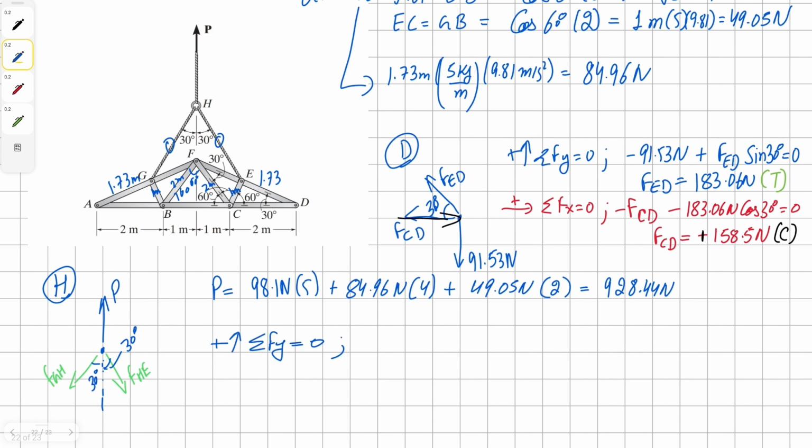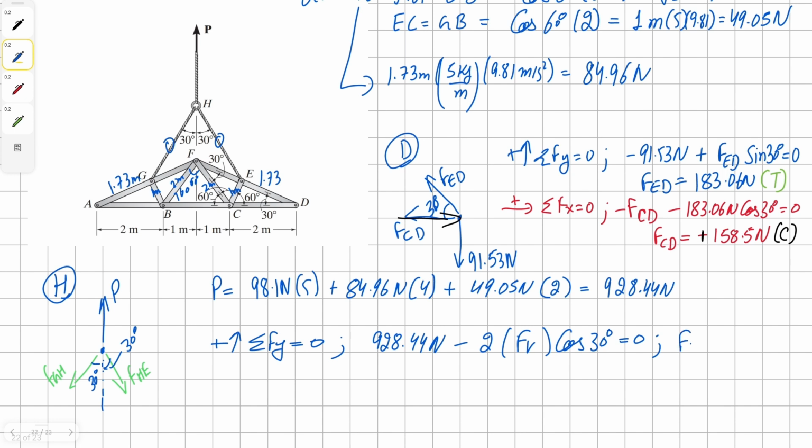This is going to be our force in positive direction. So now 928.44 Newton, and then take away both of these. Force is going to be negative, and it's going to be times 2 times, I'm going to name it vertical force, and it's going to be cos 30 degrees, all equals to 0.